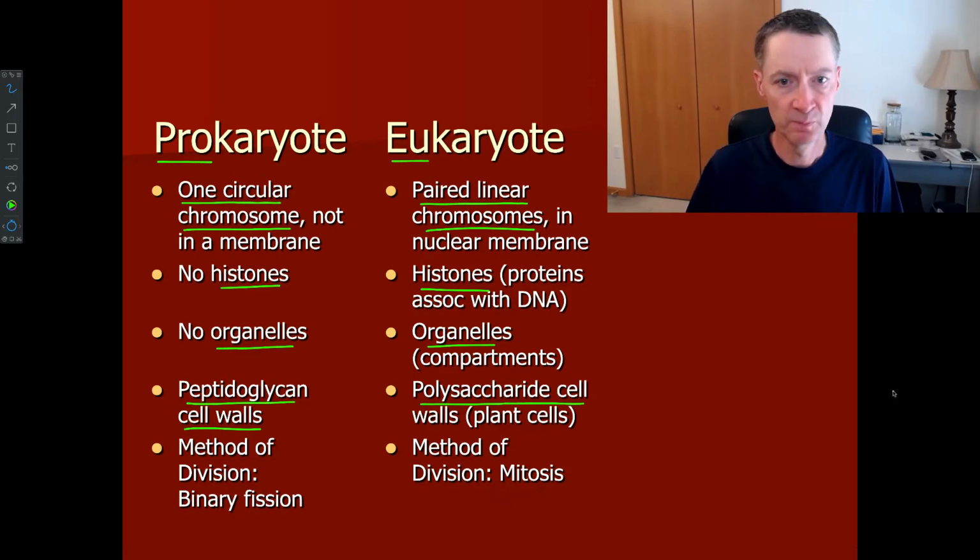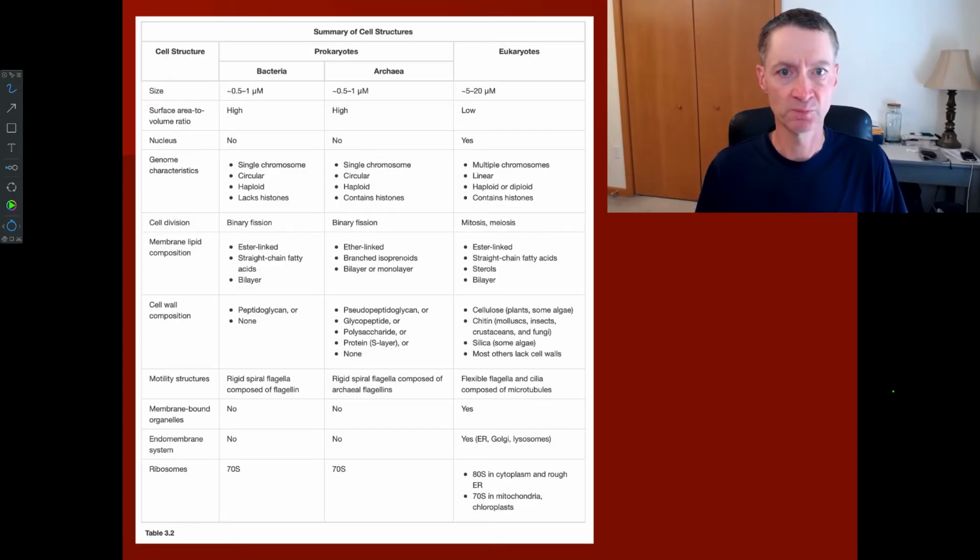Okay? So this is a pretty good list, and what I want you to check out is maybe in Chapter 3, Table 3.2, in your online textbook, they have a lot of details, some of which I just mentioned with you guys. We have the binary fission versus the mitosis, a big difference within the cell division category.